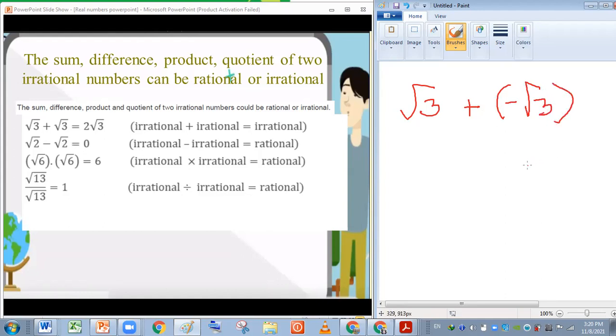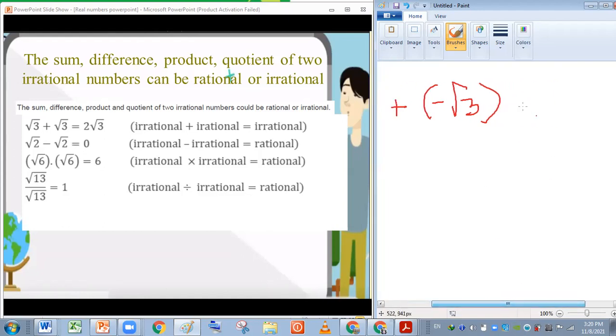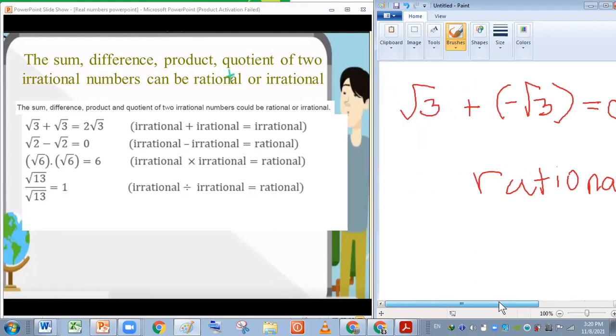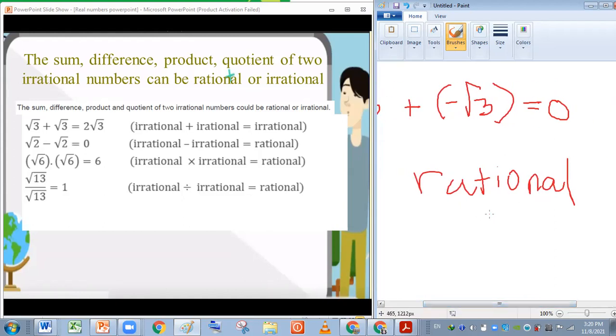What do you think? This is just equal to 0, which is a rational number. So actually you can create an example where the answer is also rational.